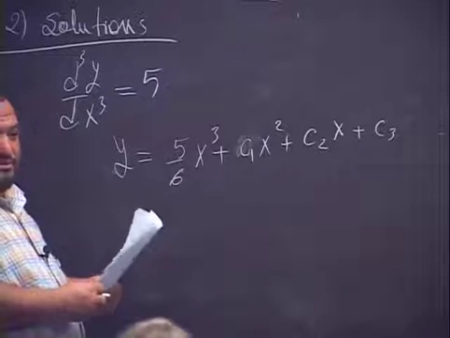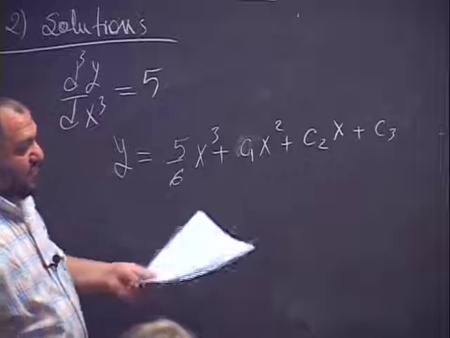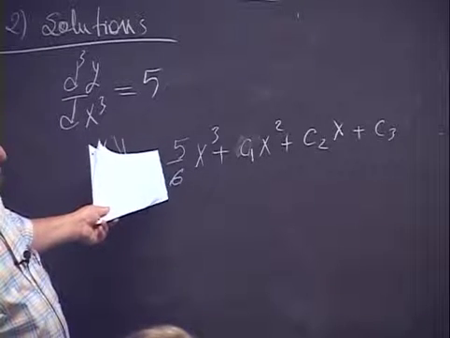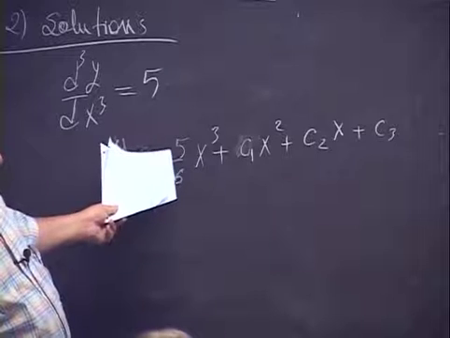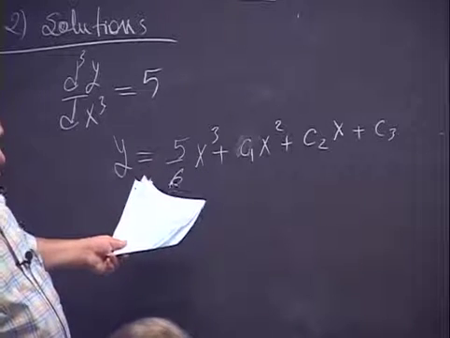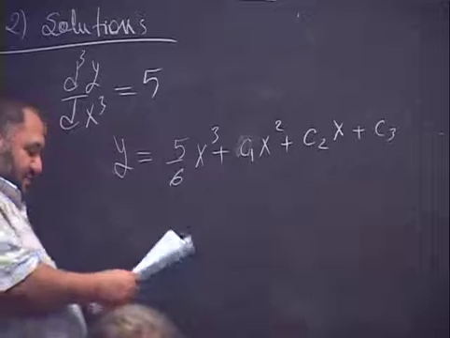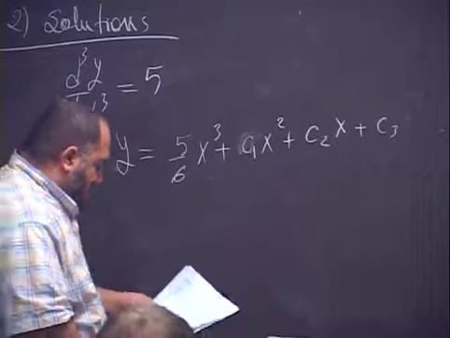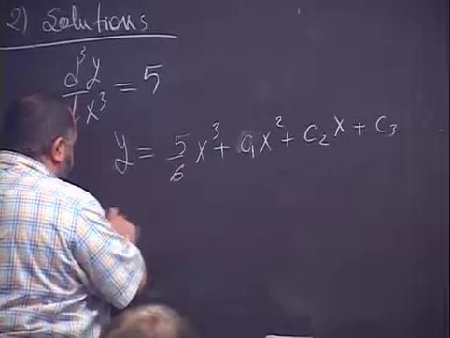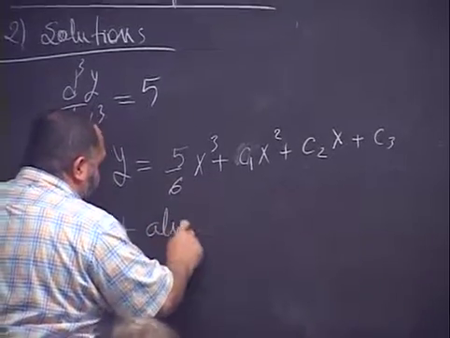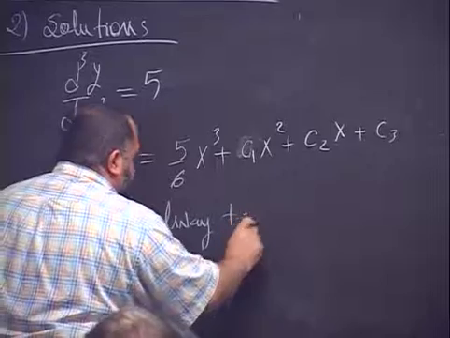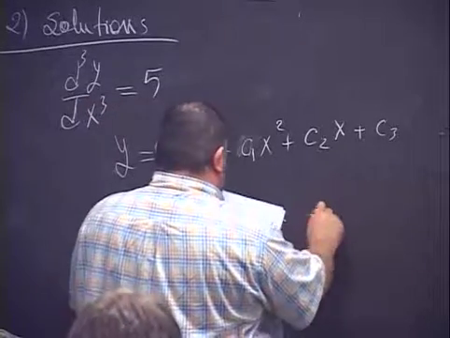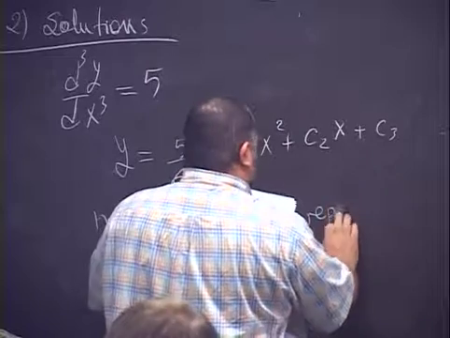Okay, guys. So if you have a third order first degree differential equation, you will have 3 arbitrary constants. And this is not always true.